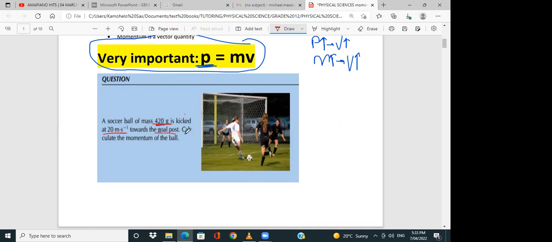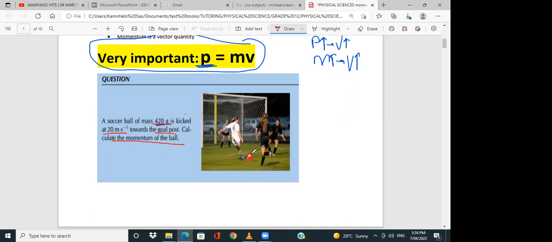Now, what's the question? Calculate the momentum of the ball. In this scenario, here's our ball. This ball has a mass of 420 grams.